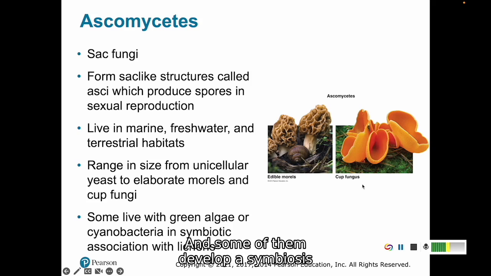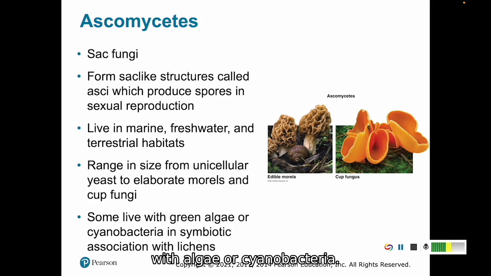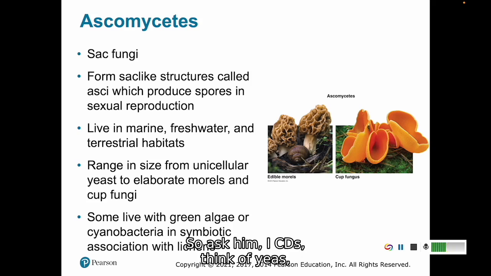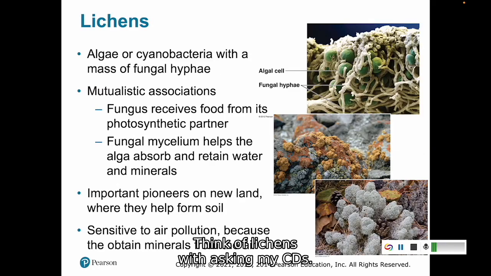And some of them develop a symbiosis with algae or cyanobacteria. When the fungus forms a symbiotic relationship with algae or cyanobacteria, it creates what's known as a lichen. So with ascomycetes, think of yeast, think of morels and cup fungi, and think of lichens.